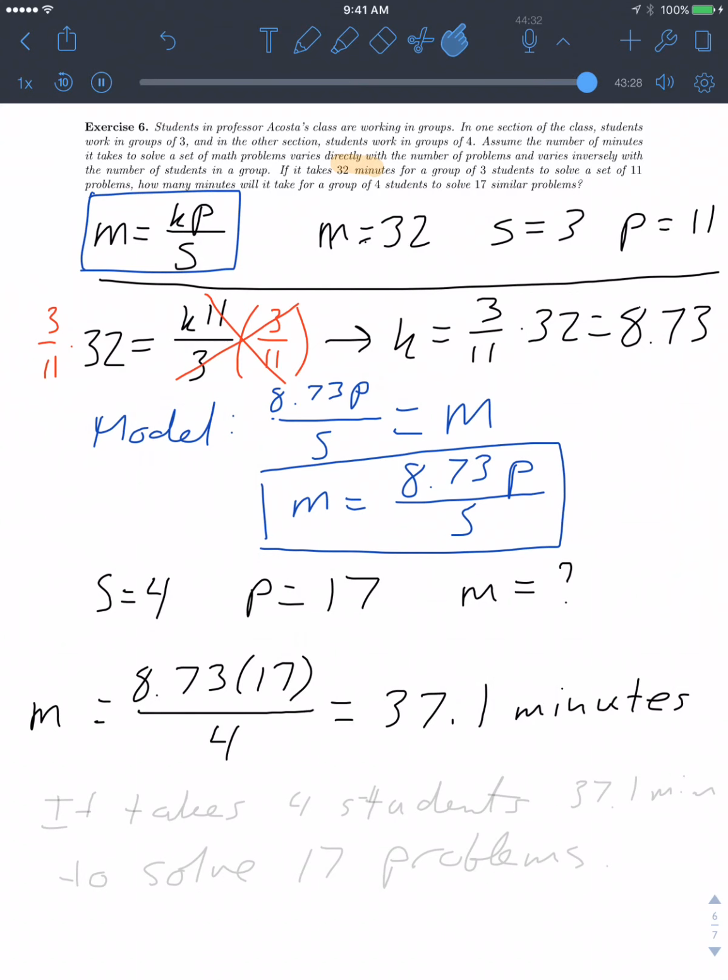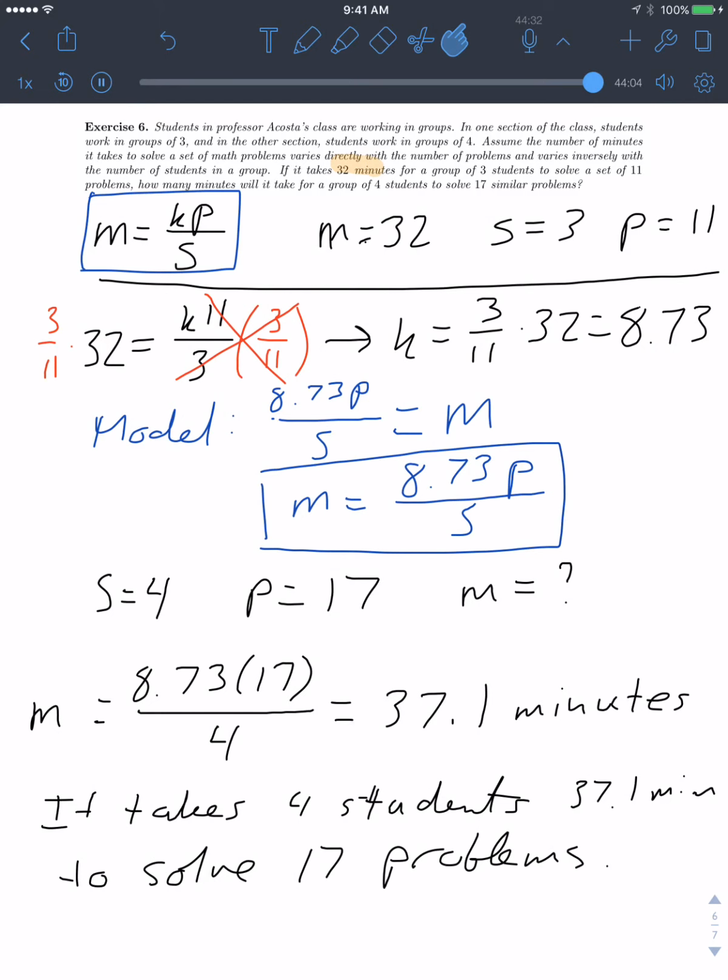Okay, in other words, it takes 4 students 37.1 minutes, abbreviate that to min, to solve 17 problems. That's our conclusion.